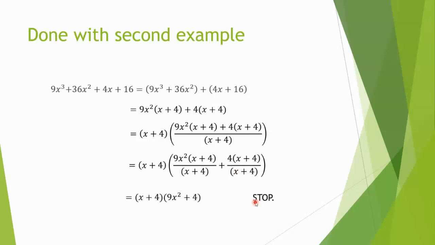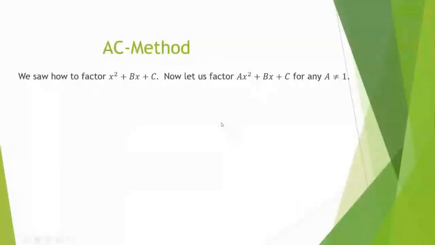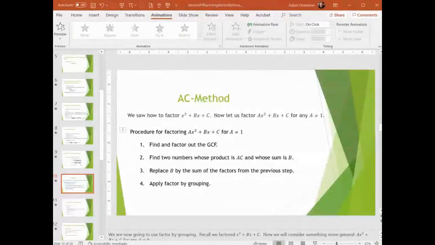So boom, we're done, and we stop. In fact, we would have to stop because you can't factor either of those any further. Okay, that's good. Before we get to this new method, let me just pause this and pause the time.